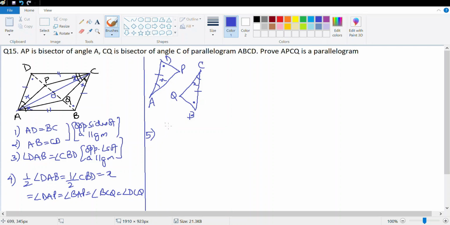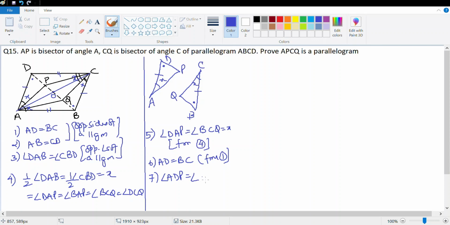Number 5 would be angle BAP is equal to angle BCQ is equal to X. This is from 4. Next would be AD is equal to BC. This is from 1. And then the last would be angle ADP is equal to angle CBQ.